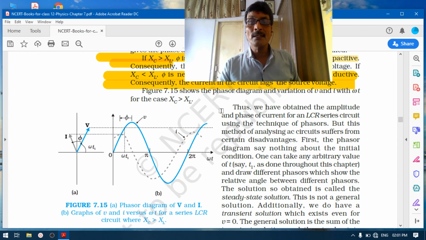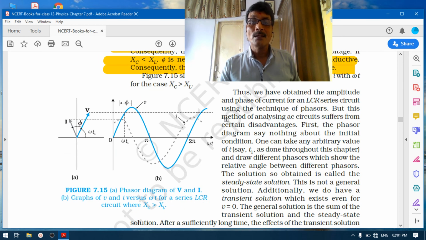So from the figure we can see that we have obtained the amplitude and phase of current for an LCR series circuit using the technique of phasor. But this method of analyzing AC circuits suffers from certain disadvantages.